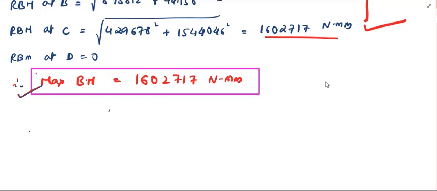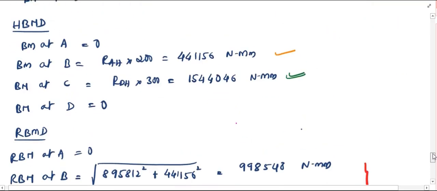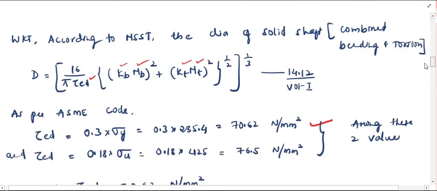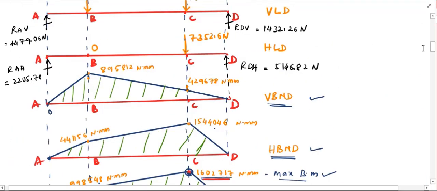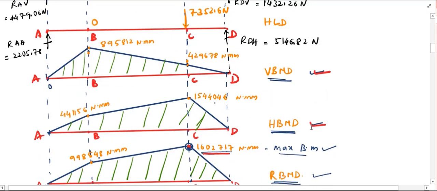So let us draw the bending moment diagrams next. Here we can see the vertical bending moment diagram, horizontal bending moment diagram, and finally the resultant bending moment diagram plotted to the obtained values. You can see at the point C, the maximum bending moment value is 1602717.